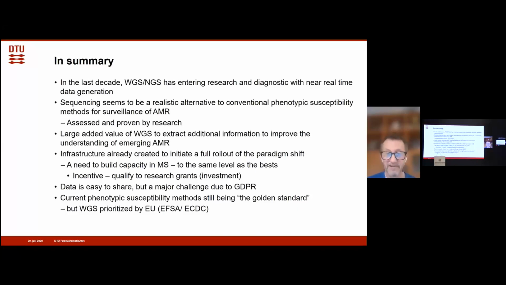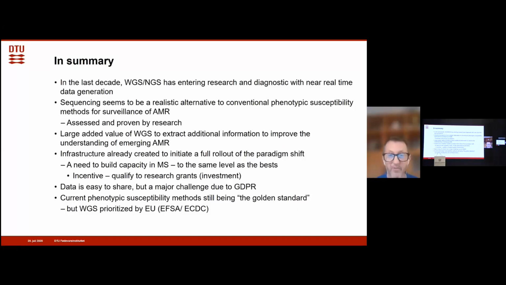So basically, we are in the era where those that have not started whole genome sequencing will fall behind and not qualify to get grants, while those that have started doing whole genome sequencing will qualify, because now the call text in many grants would be based on whole genome sequencing, or would indicate that there's a need to do whole genome sequencing.